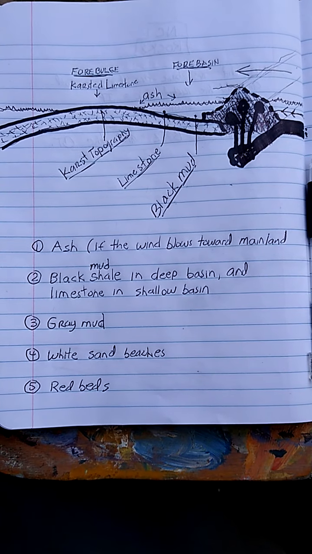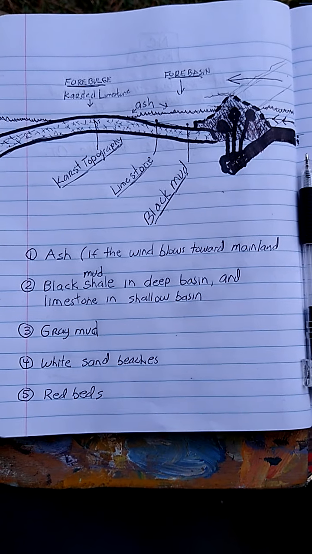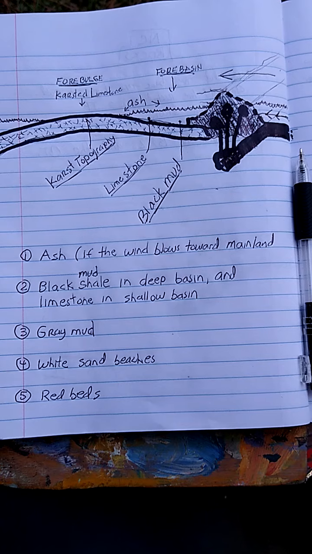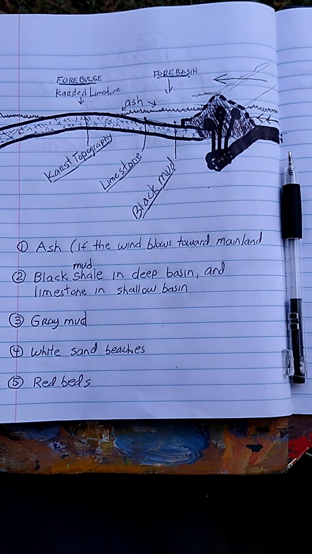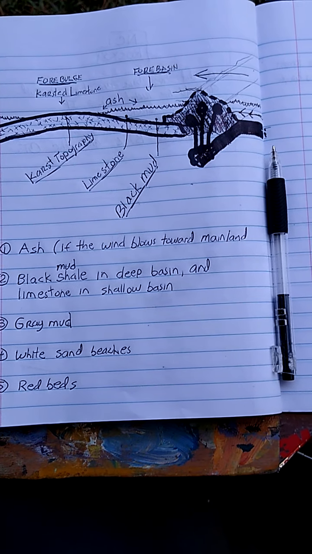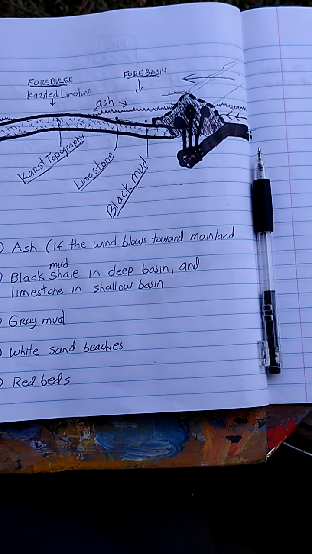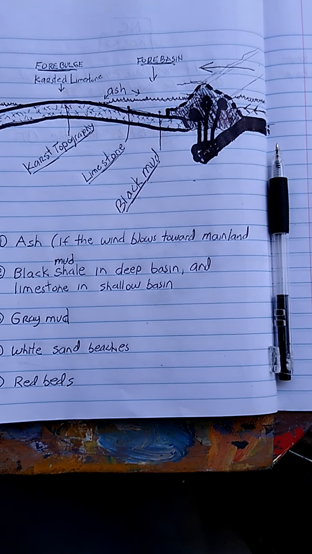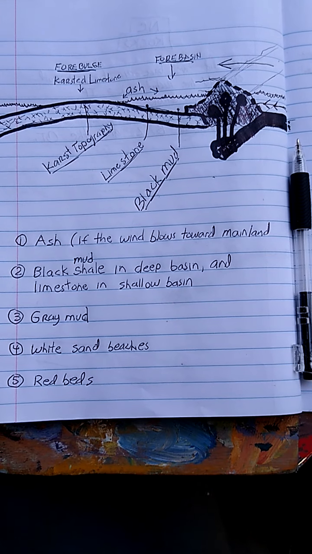So the diagnostic sediments of an orogeny are the volcanic ash layers, if the wind blows right, and for sure the dark black mud that turns into dark black shale. That's super diagnostic that the orogeny is here, with a layer of limestone in the shallower portions of this foreland basin.